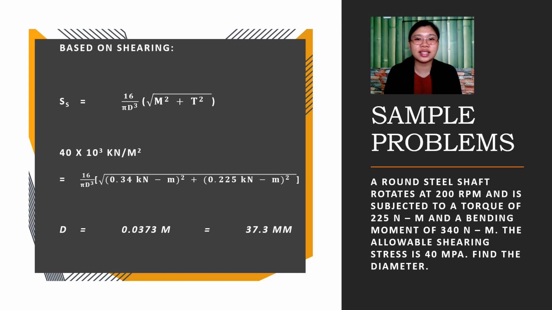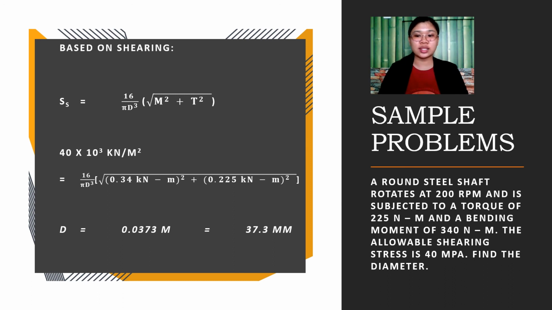So the formula is 16 over pi d cubed multiplied by the square root of the quantity m squared, or the moment squared, plus the torque squared. As I have mentioned earlier, uniformity in units is a must. We have megapascal, which is meganewton per square meter. That is our shearing stress. But in this solution, I decided to use kilonewton per meter squared.